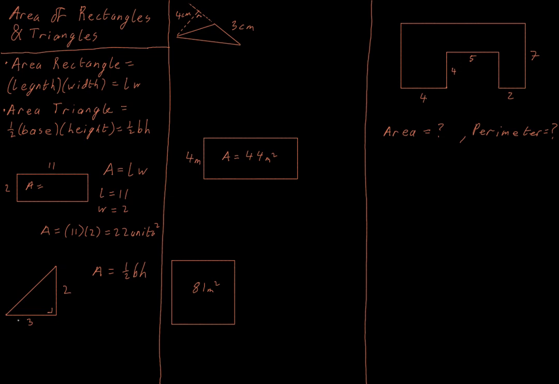If we pick 3 as being our base, which we probably would because base often means on the ground. So the base of a house would be the bit that's on the ground. So the base being 3 means the height would be 2. But it would be mathematically exactly the same if we said that the base was 2 and then the height would be 3. Now I'm highlighting this for a reason.